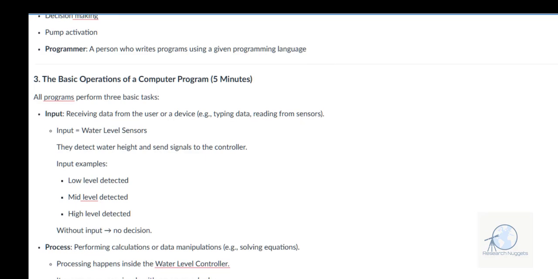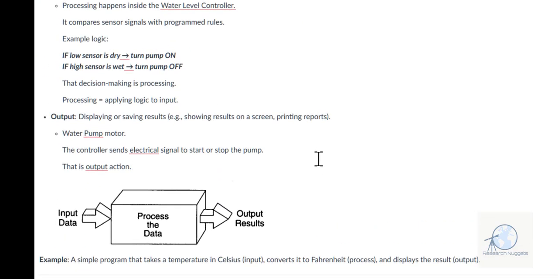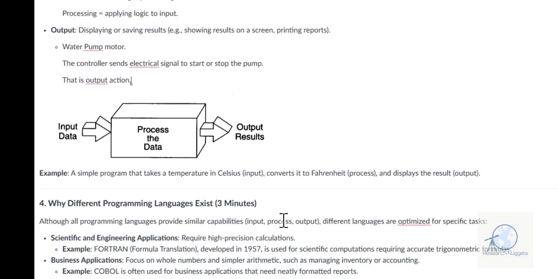In our output, we are going to see our pump is either off or on. So that is the three stages that normally happen. We have inputs, and those inputs are processed within our controller, and we are able to see certain results.